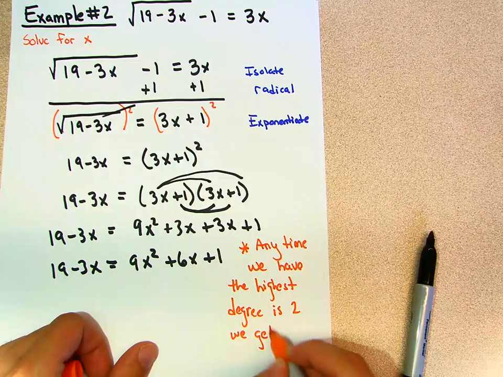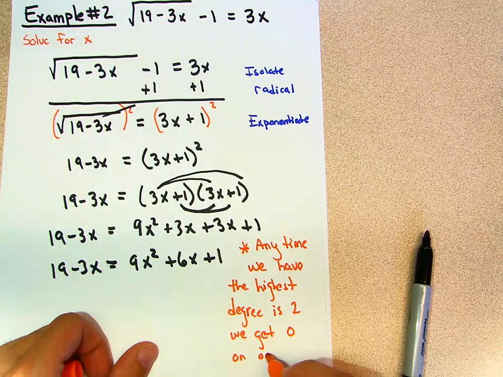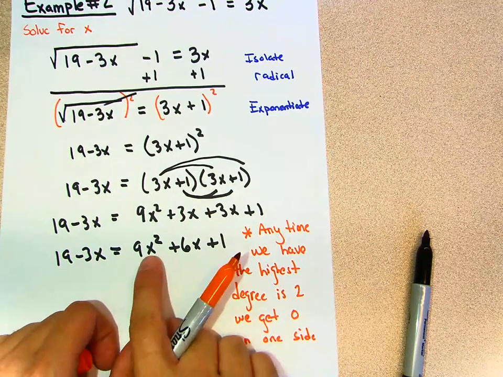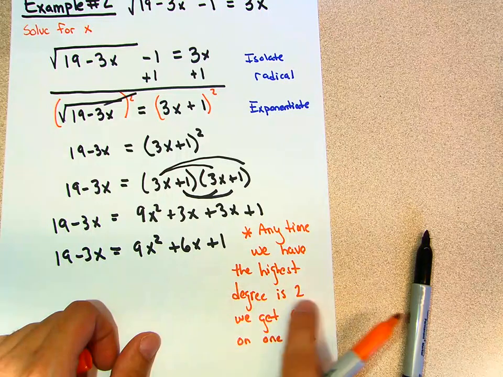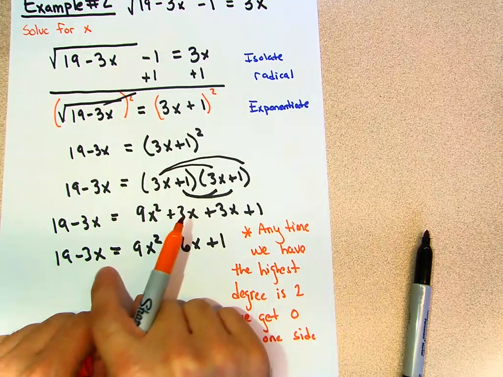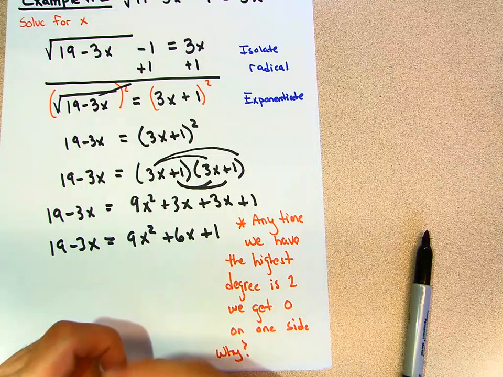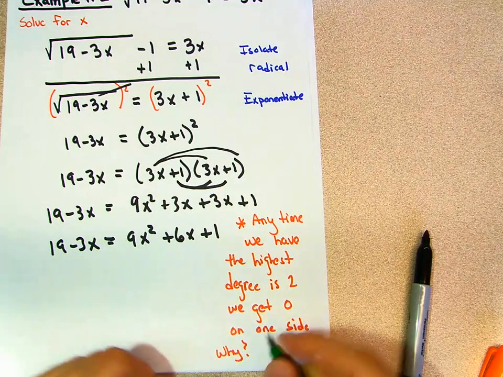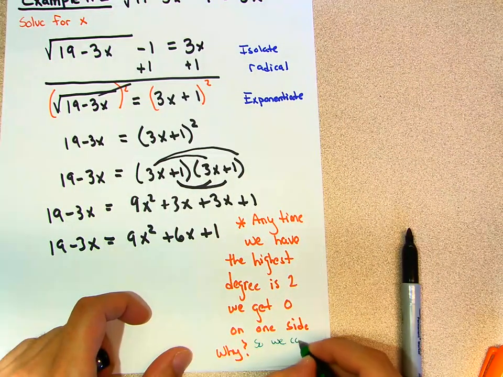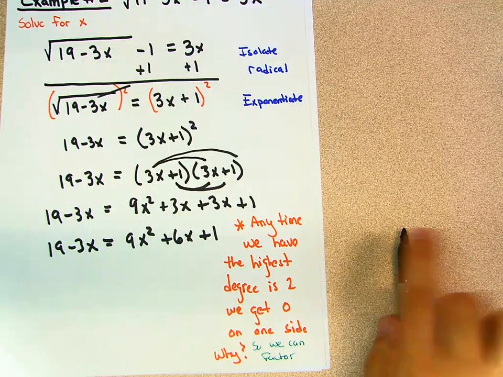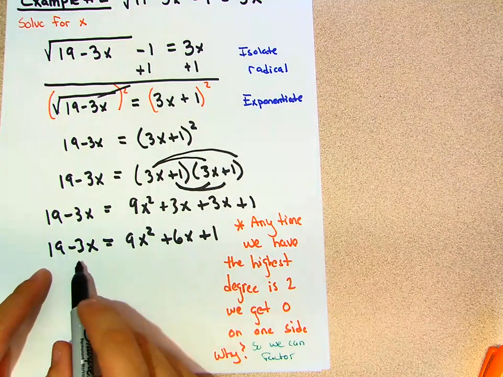We get 0 on one side. Okay? We've done this before. Anytime we have some quadratic or some degree 2, we always want 0 on one side. Why? So we can factor, right?